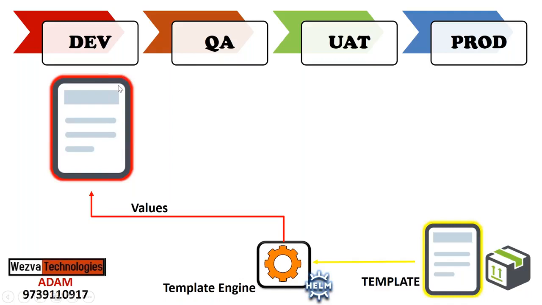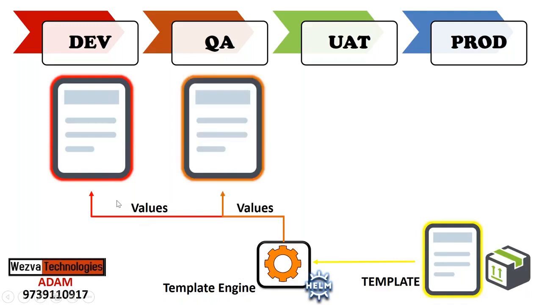Based on the values that we give, you can apply or install the chart in a specific cluster. So let's assume that I have created a chart, and if I want to install it on my dev cluster, while I am installing this chart on my dev cluster, I can pass some specific values. I will say now replica is 1. The same chart, if I want to install it on QA, I will say replica is 2, or I will give the config map with the specific details.